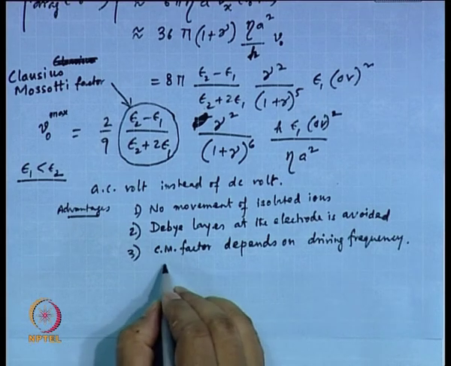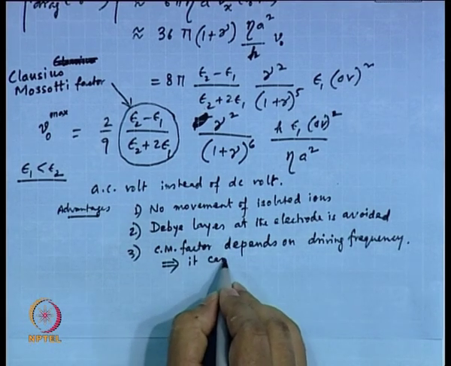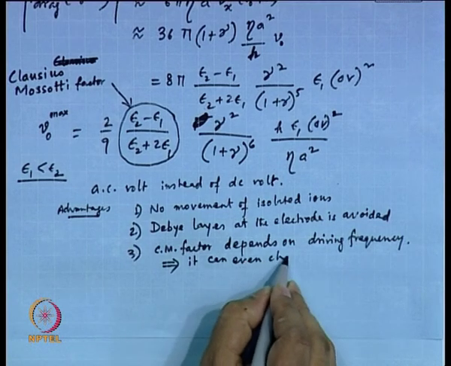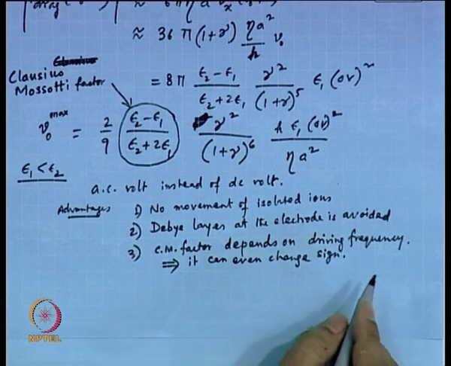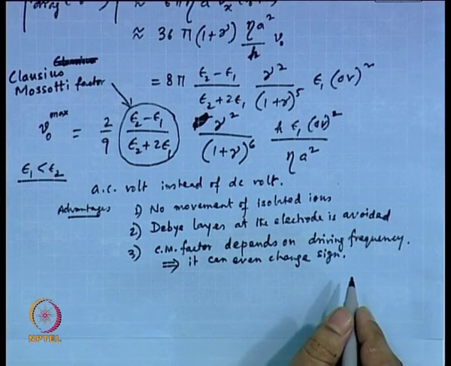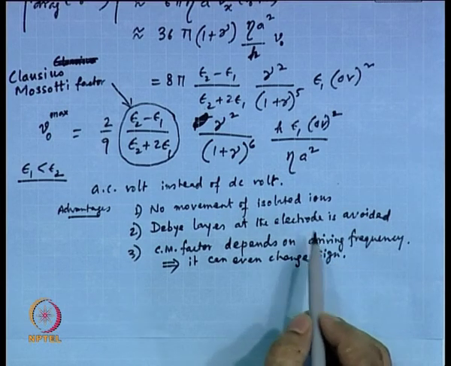So, an offshoot is that this factor can even change sign. Depending on what driving frequency you have for the AC field, this CM factor can change sign, and you can see the repercussion of this changing sign.